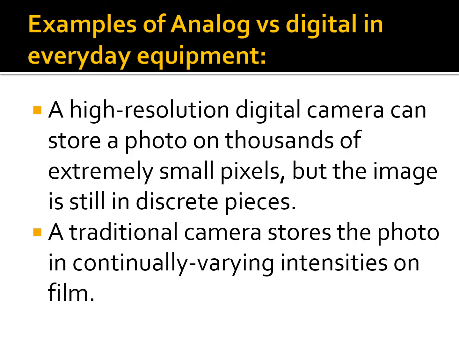A high-resolution digital camera can store a photo in thousands of extremely small pixels, but the image is still in discrete pieces. A traditional camera stores the photo in continually varying intensities on film. I don't know if anyone here has actually used a traditional camera in the past, but the film that you got was basically an analog thing.